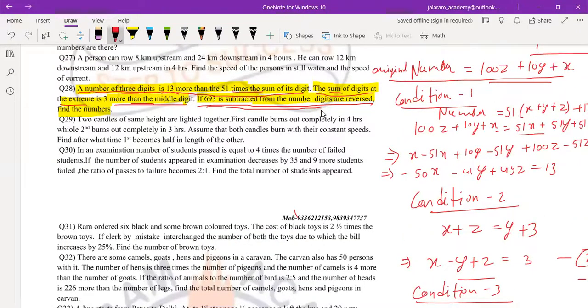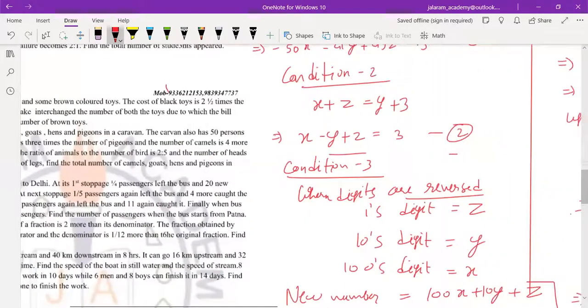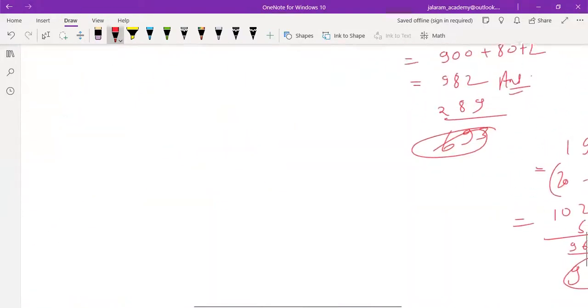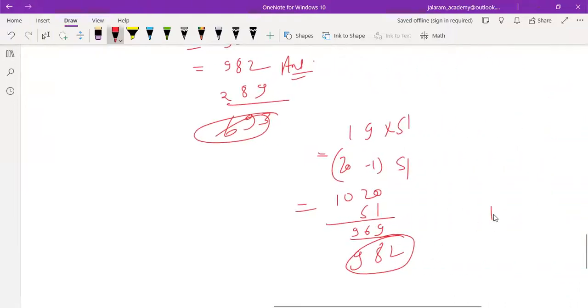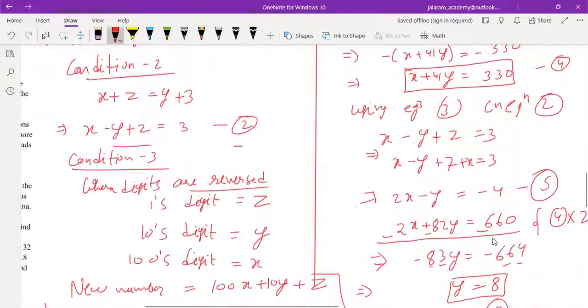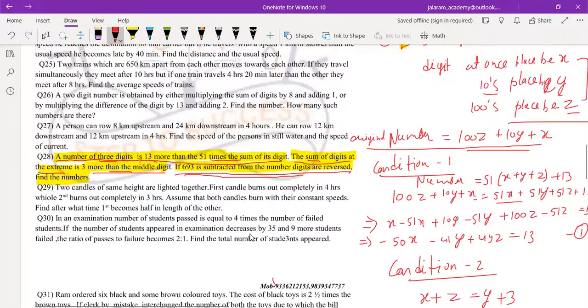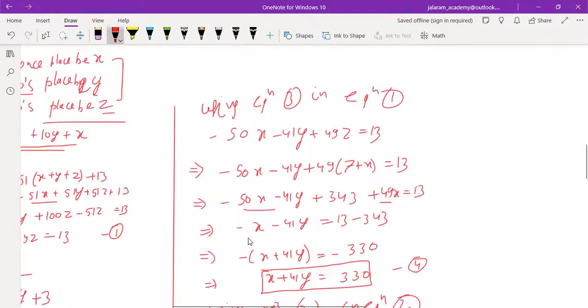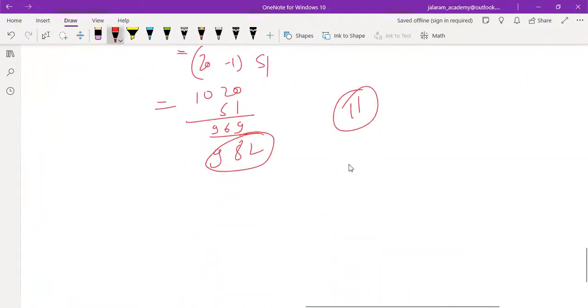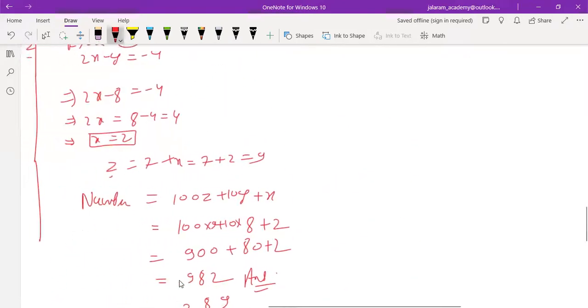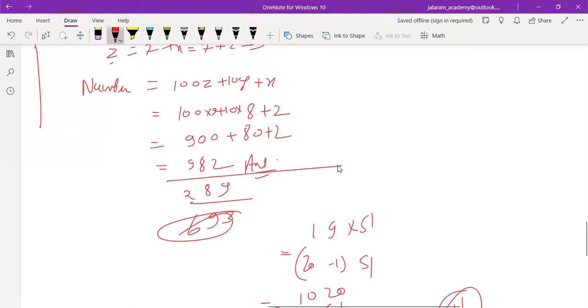The sum of the digits at the extremes, 9 plus 2, 11, is 3 more than the middle digit. Middle digit is 8, 8 plus 3, 11 again. Yes. So all the three conditions are satisfied. So the answer is 982.